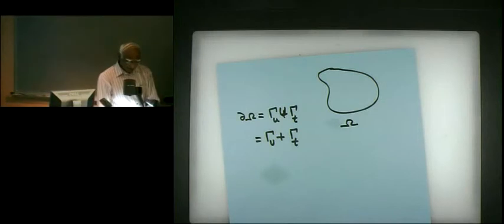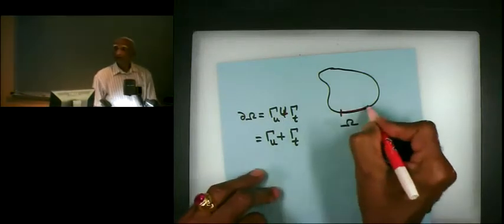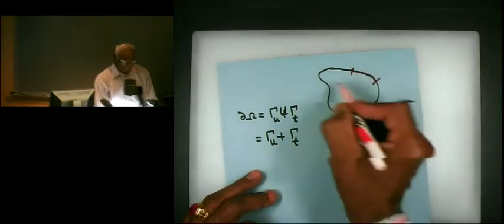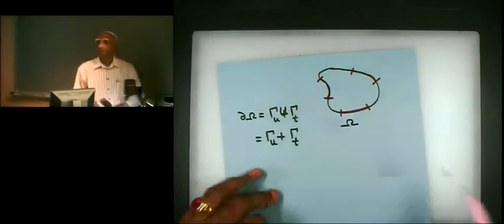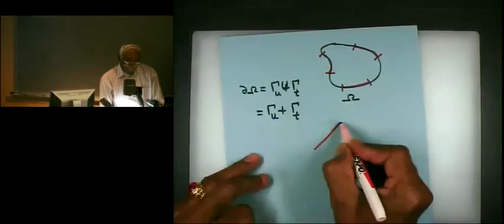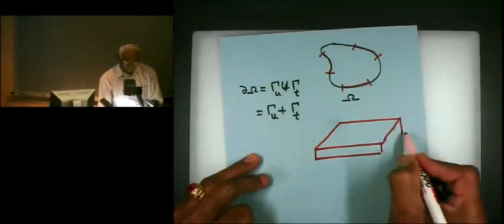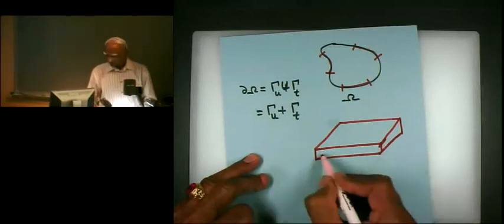Now this gamma u does not have to be one part. Whatever I'm covering in red can be the sum of these three parts, can be gamma u. Like in a plate, if my body is a plate, I can have edges clamped.